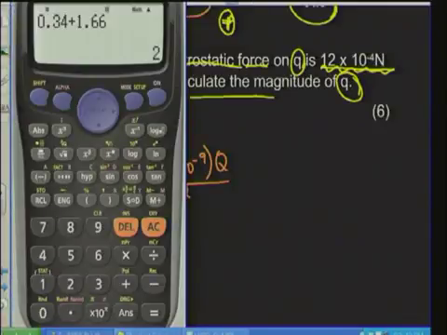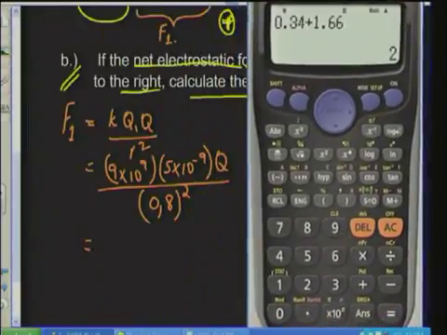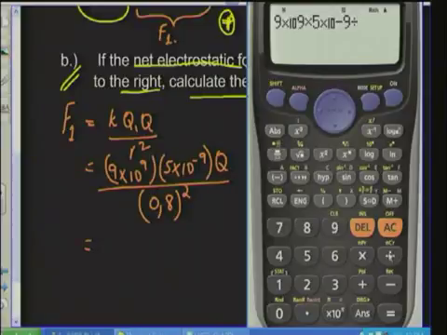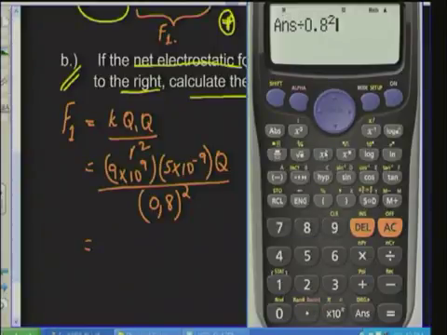This becomes our first equation, so let's just work it out and simplify it quickly. We've got 9 by 10 to the 9 times 5 by 10 to the power minus 9, divided by 0.8 squared.